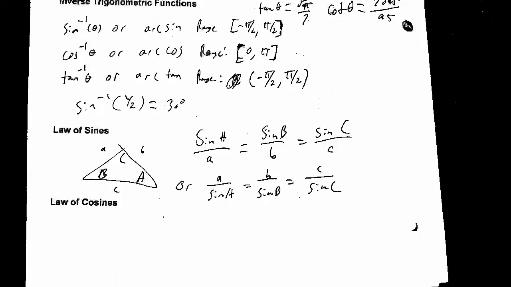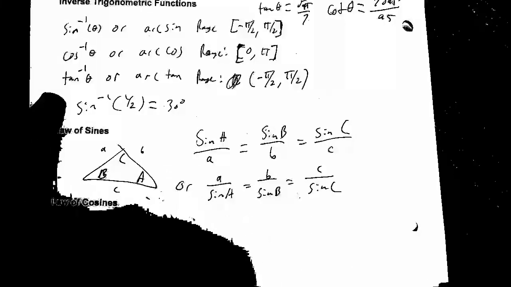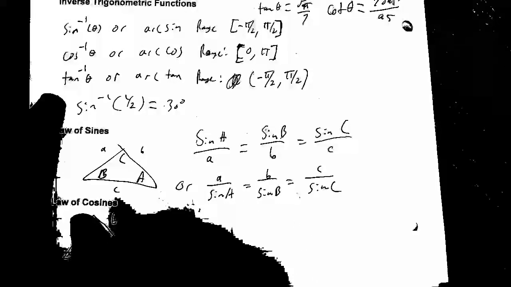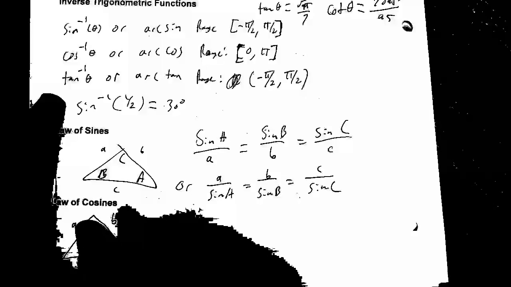Law of cosines we use when we already have an angle on the opposite side. So let's say we knew this was A, this was B, and this was big C, and then we wanted to know what this was over here. This is little c.